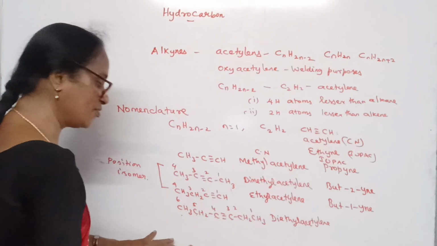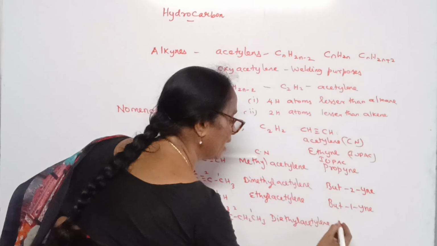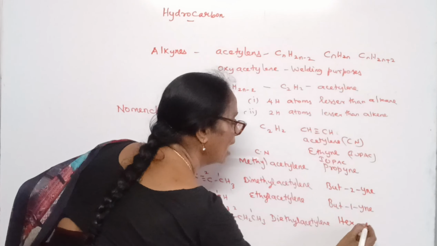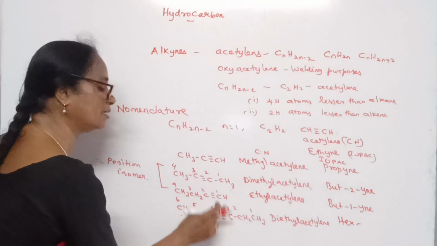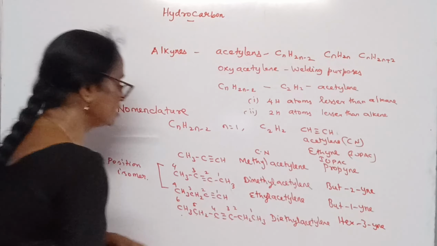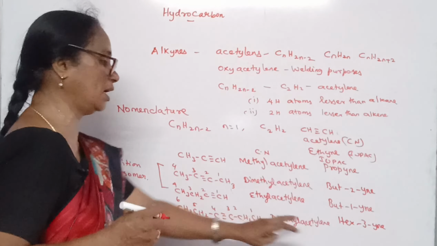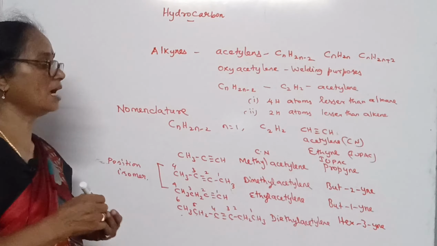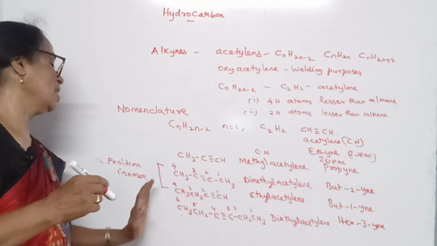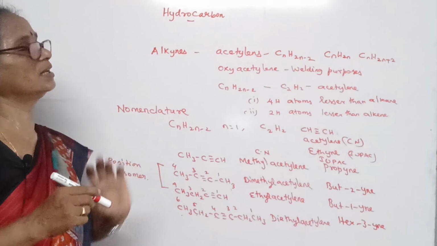So in either direction the triple bond takes the same position, 3, 4. So it has 6 carbon atoms, hex, and the position of the triple bond is at the 3rd one. So we can write hex-3-yne. Not supposed to take 4 because 4 is greater than 3. So that makes hex-3-yne.